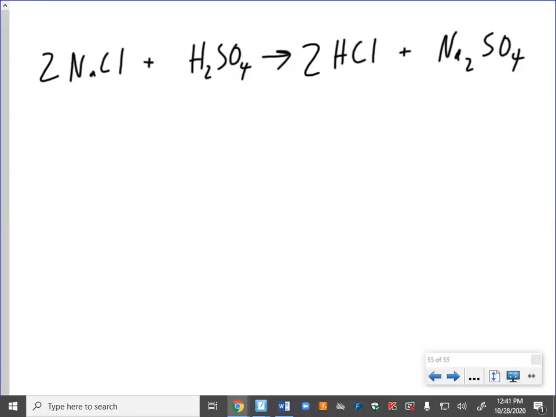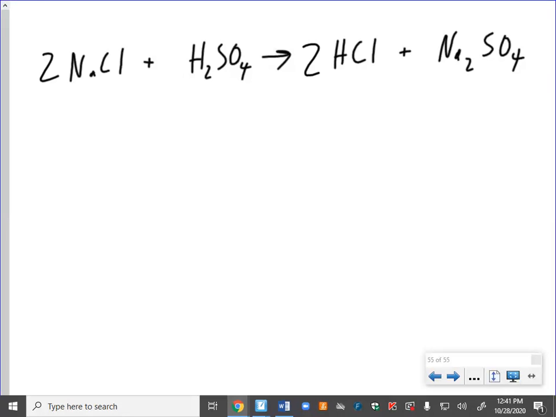One thing we added yesterday that we didn't talk about before that's really quite easy is volume. If you have a mole of gas at standard temperature and pressure, which we'll talk about later, that's always going to equal 22.4 liters in 1 mole.